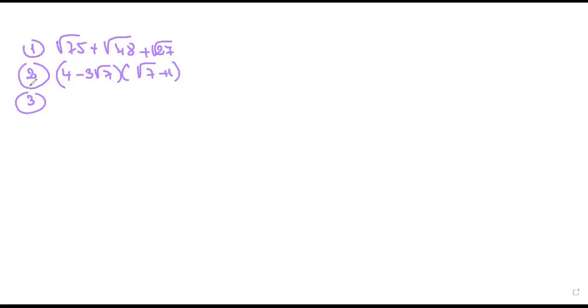I would like to divide these polynomials by x plus 2. So you divide x to the power of 3 plus 3x squared minus 5x plus 2 by x plus 2. 4.